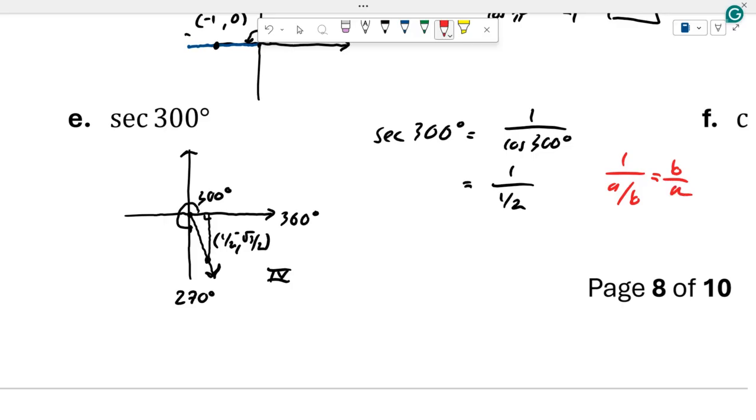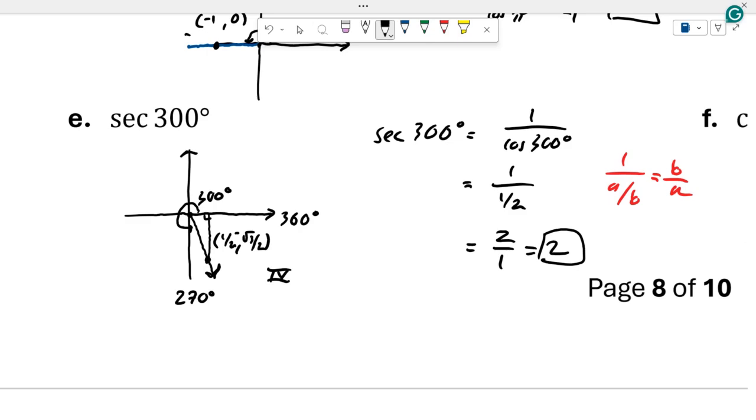So 1 over a fraction flips it, and it becomes b over a. Well, this is exactly what I have here. I have 1 over a fraction, and that fraction is 1/2. So I'm going to flip the fraction, so it becomes 2 over 1. Well, 2 over 1 is just 2. And that's my answer.